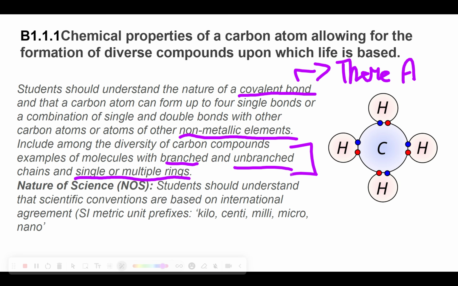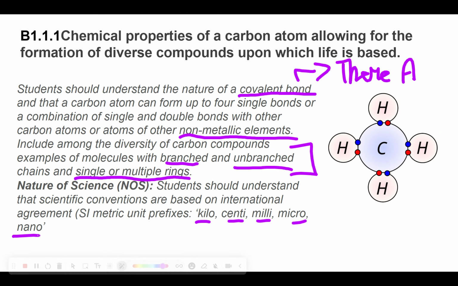A nature of science statement is that students should understand the scientific conventions that are based on international agreement. So the metric unit prefixes kilo, centi, milli, micro, and nano. I don't feel like the IB does a good job of talking about this anywhere else.